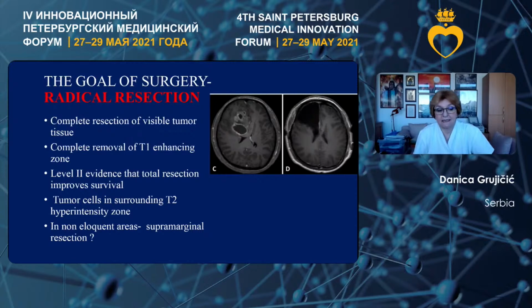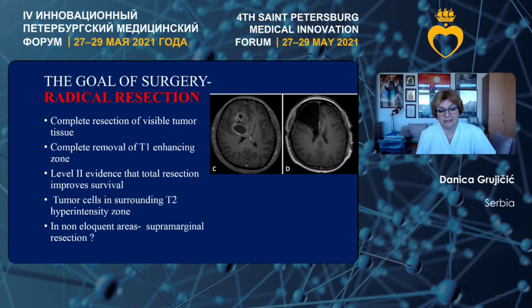Level 2 evidence proves that total or radical resection really helps such patients to live longer. And another practical thing mentioned by the colleague at the beginning of this session: the T1 MRI hyperintense area really has a lot of tumor cells.